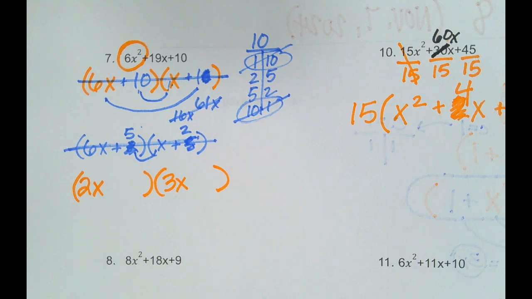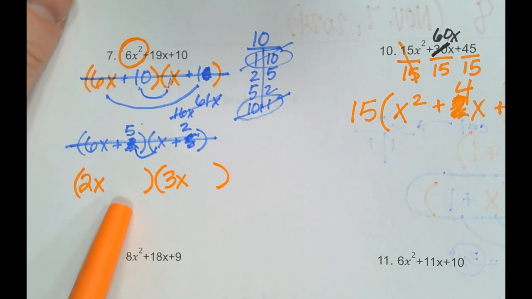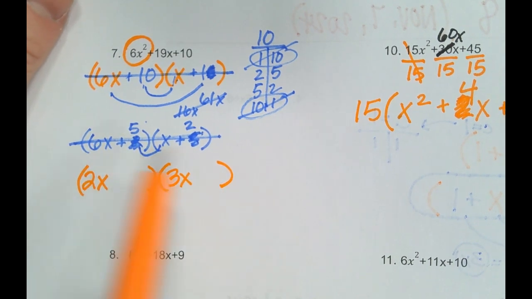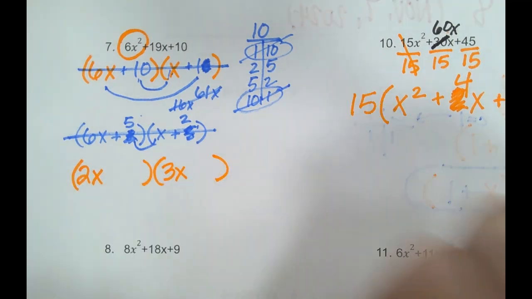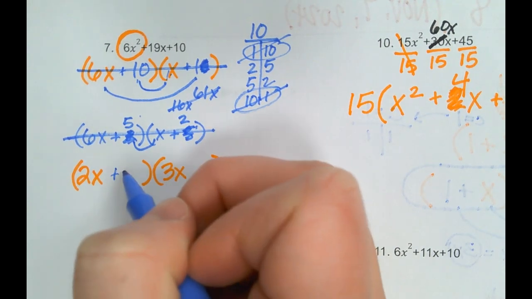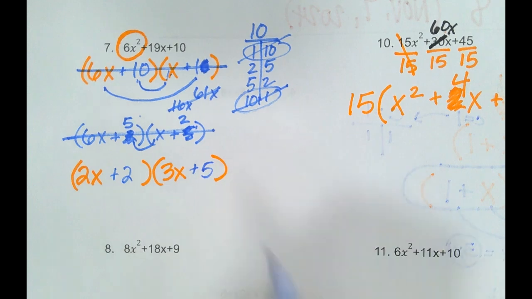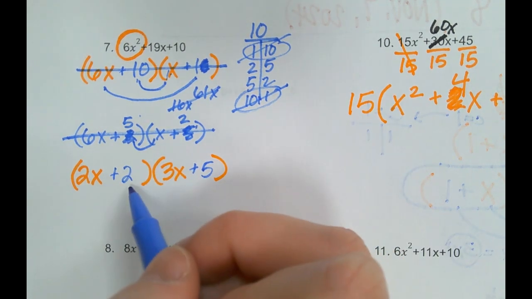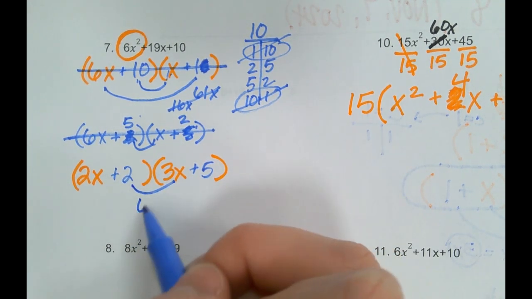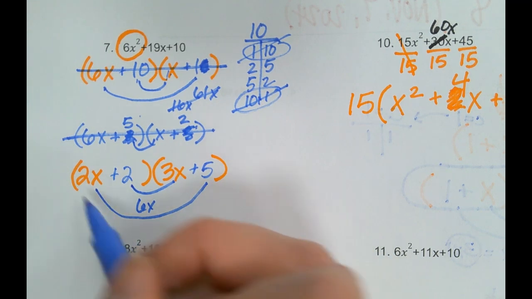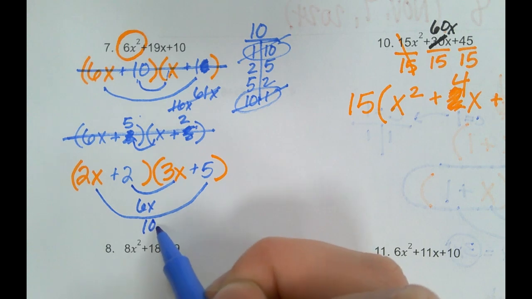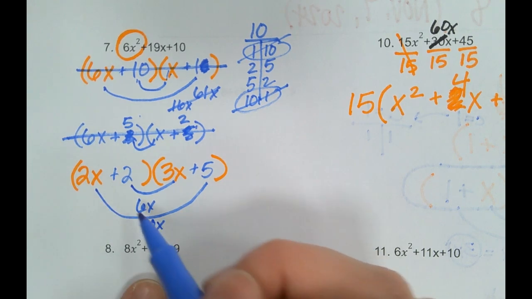That's okay. All right. So now how are we going to decide what goes in these parentheses? Let's try 2 and 5 again. Plus 2 plus 5. 2 times 3x is 6x. 2x times 5 is 10x.